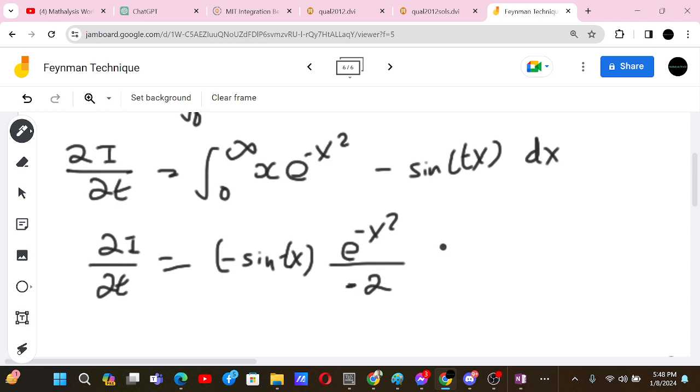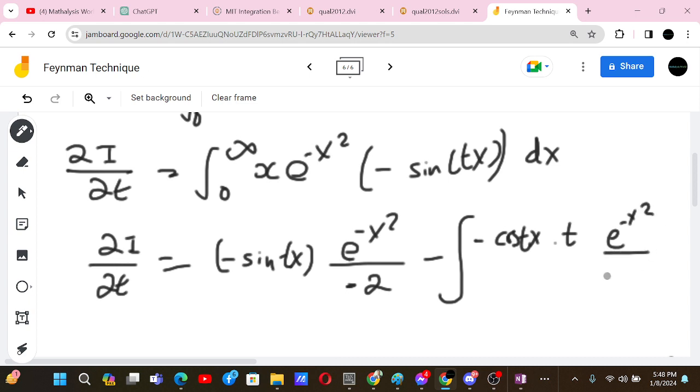Yeah, that's fine. And then, so this is a single term, minus the integral of the derivative of sine tx, which is cos tx times t, and the integral is again e to the power minus x square by minus 2 dx. Minus minus cancels out.